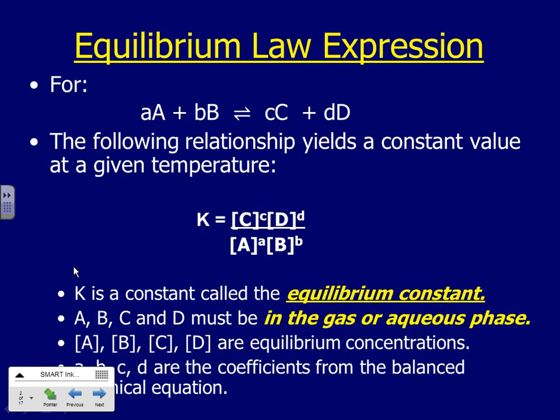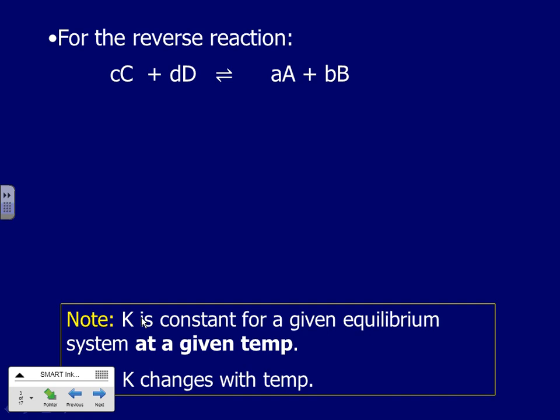So, again, the equilibrium expression law comes from the balanced chemical equation, all right? And it's simply an expression of the product molecules concentration over the reactant molecules concentration to the exponent that's determined by their coefficient.